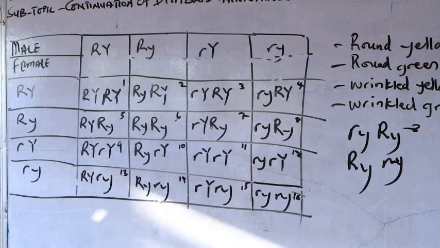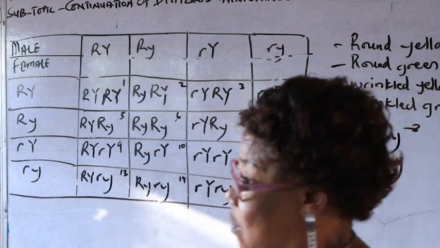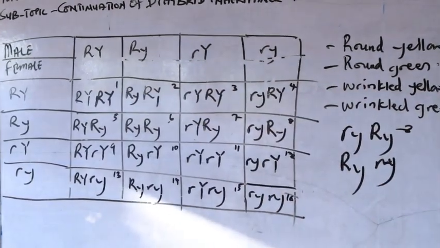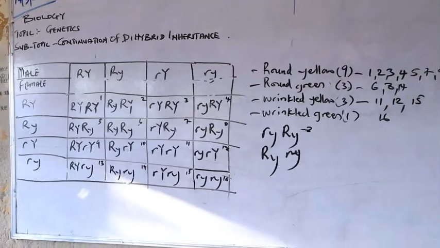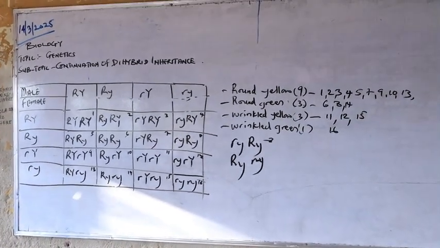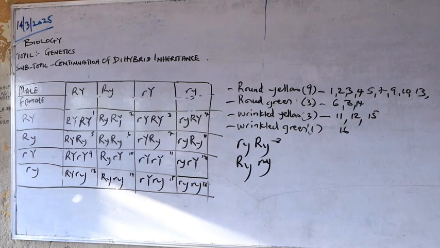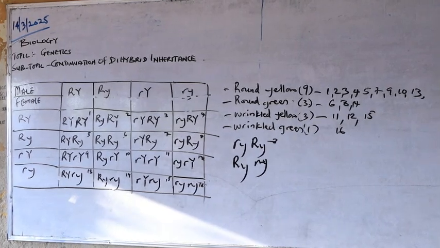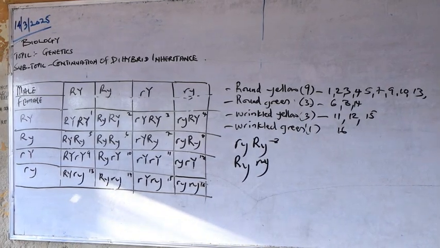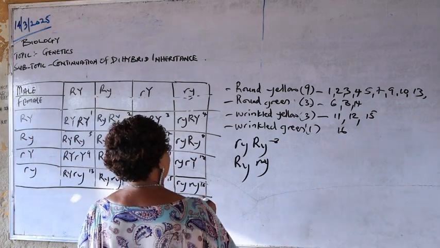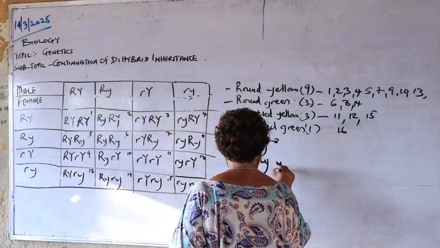And homozygous. I should write out what I said before. We need two heterozygotes, round and homozygotes. What number was it? I should bring out number 4. This is your 8. This is your 14.